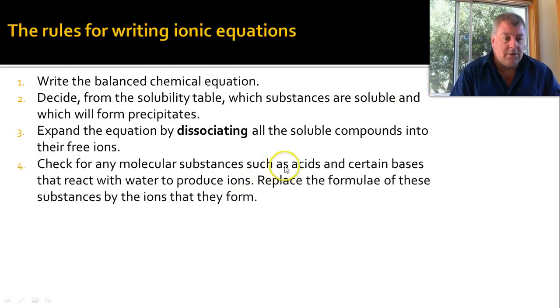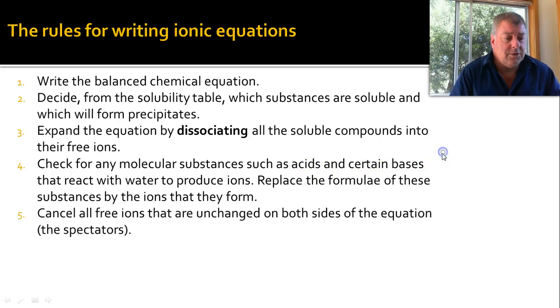You need to check acids and bases because they're a little bit tricky, but generally we don't introduce those in physical science. Basically the acids would free up hydrogens. The bases we pretty much treat as ionic substances.